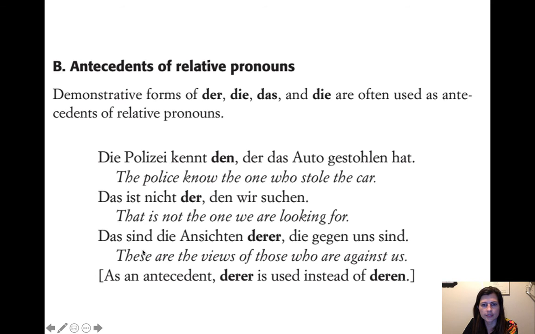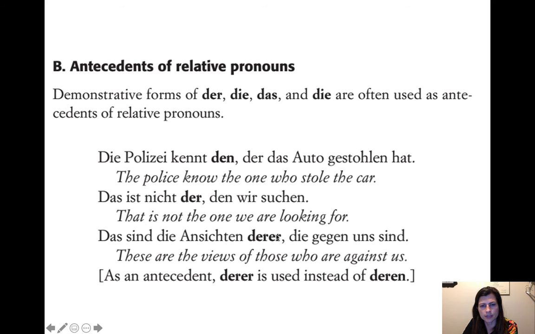Das sind die Ansichten derer, die gegen uns sind. Yeah, so this is maybe the most tricky way to use it compared to the others. These are more intuitive, I think, but once you get into the genitive and dative, it gets a little tricky. So these are the views of those who are against us, of those, right?